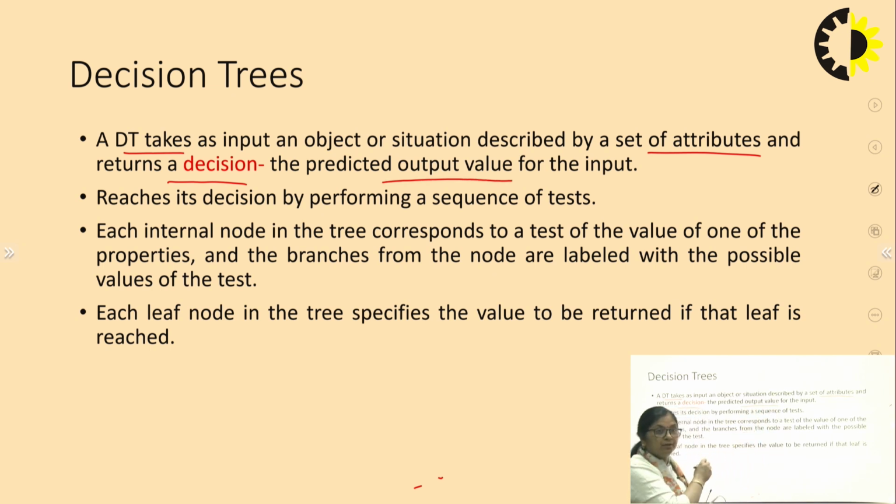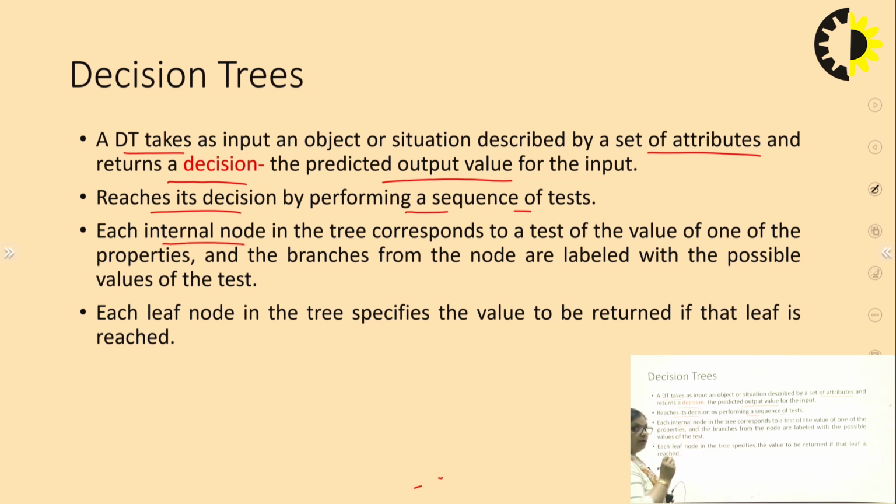So we will have examples with inputs. The inputs are specified with a set of attributes and the output will be the decision here. We will reach this decision by performing a sequence of tests. It means we will do a test, then according to the output of that test we will do another test, and so on until we get the final decision.